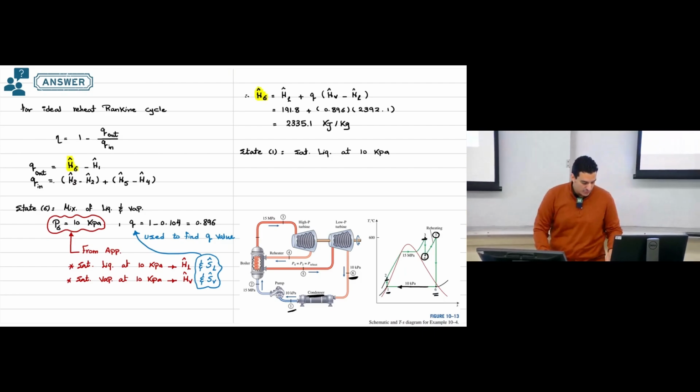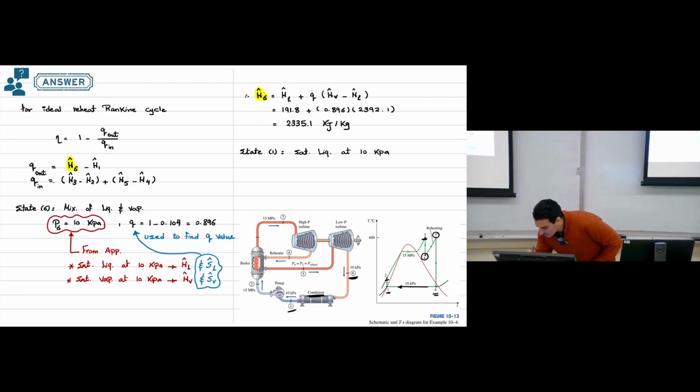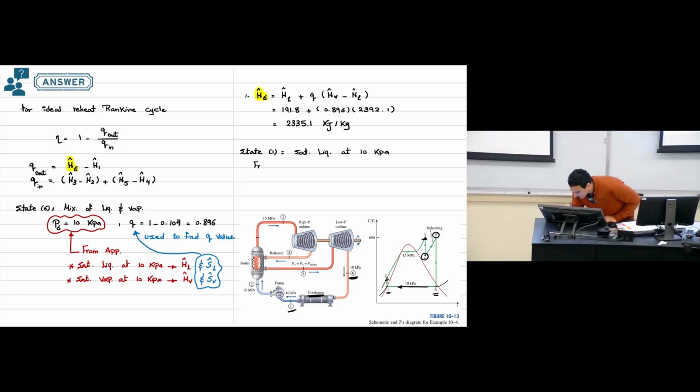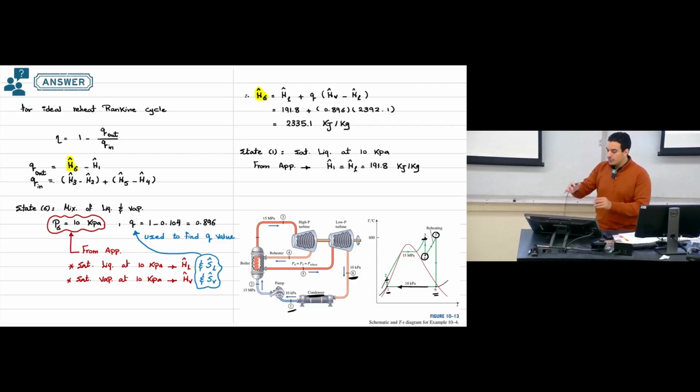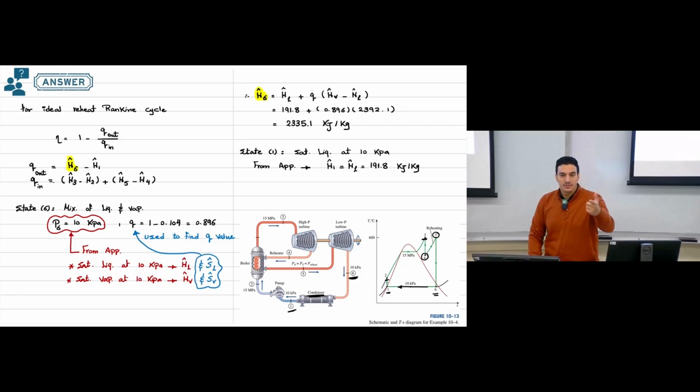And this is everything we need to know at this point. So again, from the appendix, I can find enthalpy at point number 1. And by the way, this will be the same as enthalpy of the liquid, which is 191.8 kilojoule per kilogram.